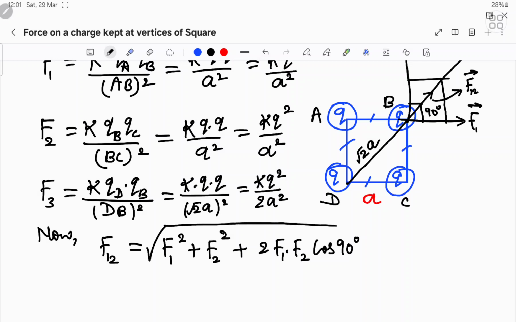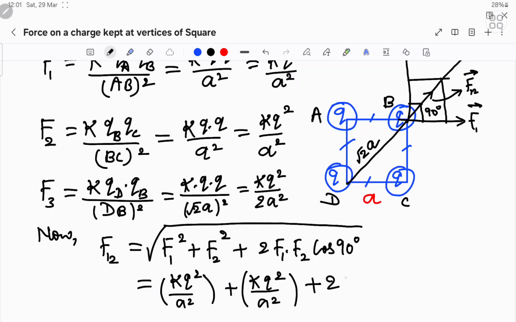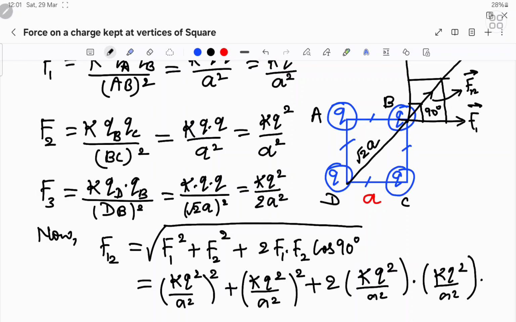We know that the value of F1 is K Q square upon a square, and F2 is also K Q square upon a square. The cos 90 is equal to 0.